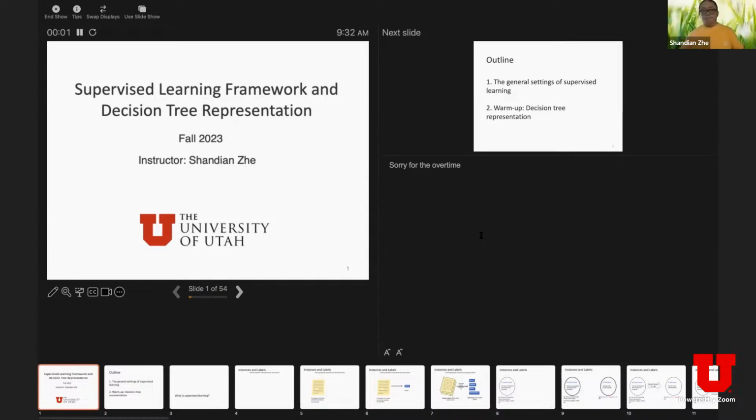We expect that G should be at least close to F. In the ideal case, G will completely recover F, but from a practical perspective, we just expect G to be as close as possible to F.